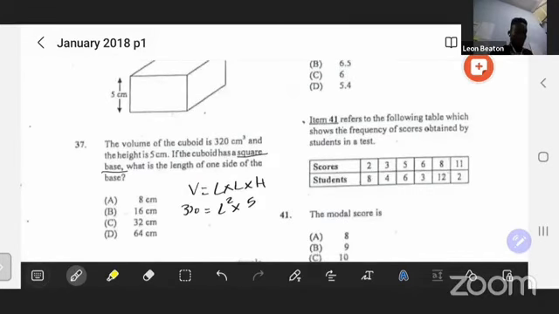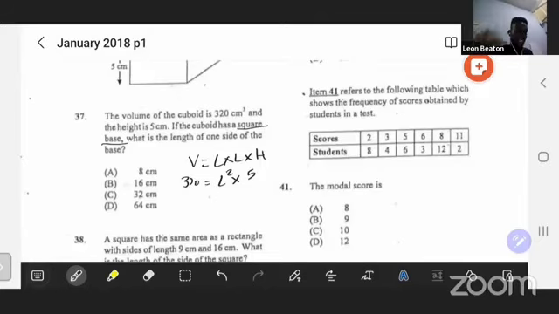So to find the length of one side, we make L the subject of the formula. So this would be 320 equals length squared times 5. This 5 is multiplying, so we carry it over and it will divide.